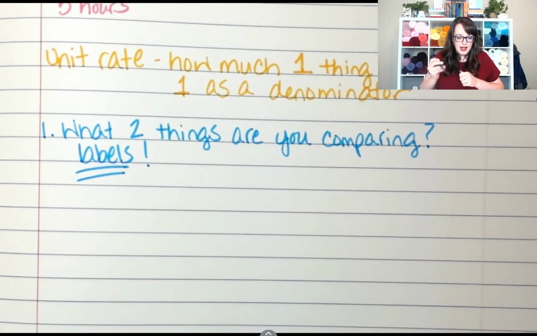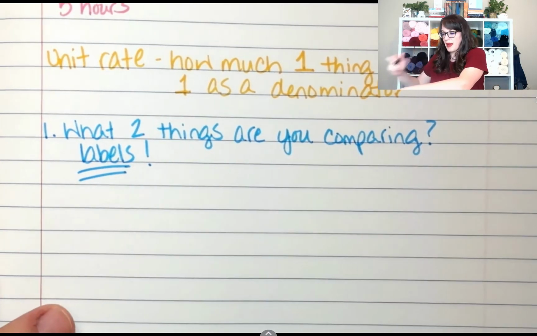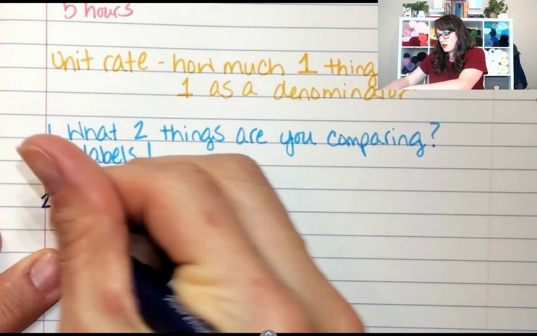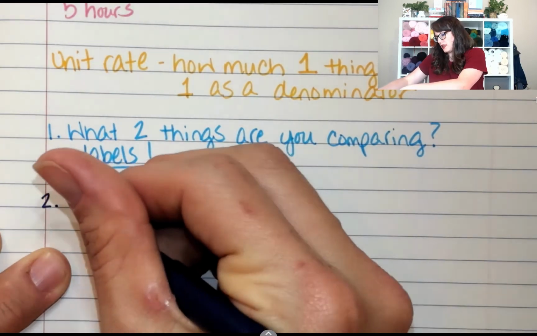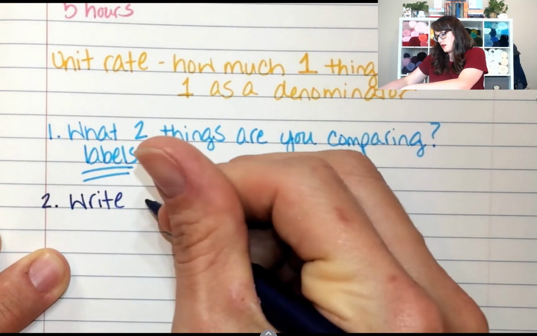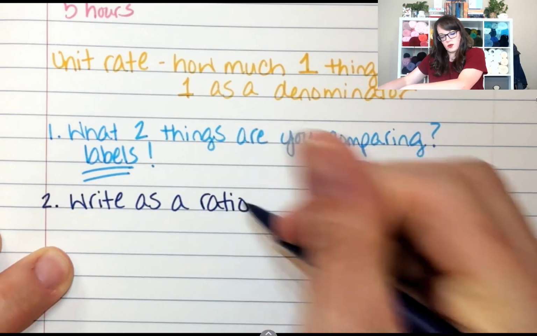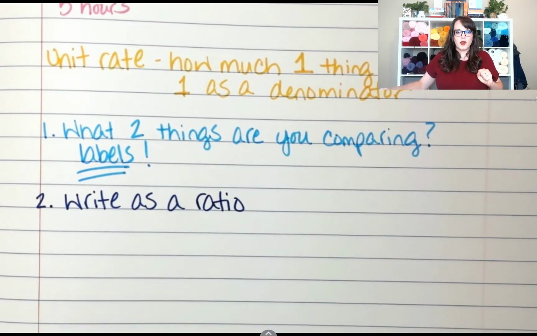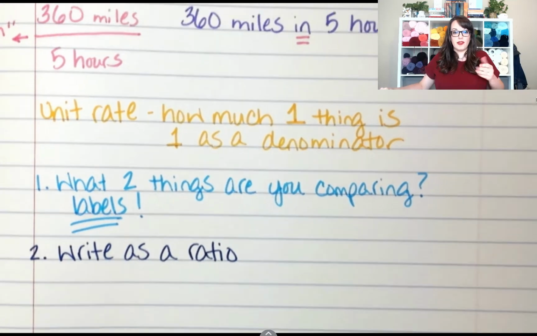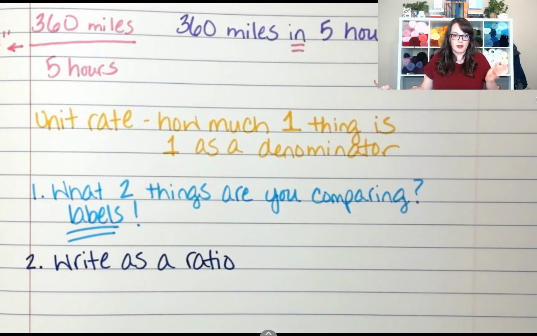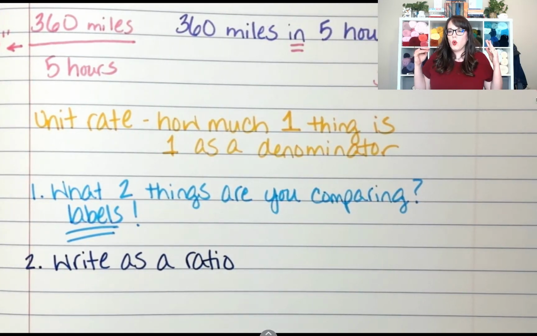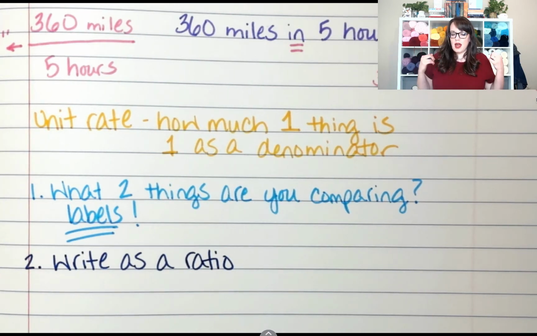All right, next, I'm going to set it up as a ratio. So step 2, I want to write it as a ratio. So if I'm dealing with this example, 360 miles in 5 hours, what two things am I comparing? Which one of those is the denominator?